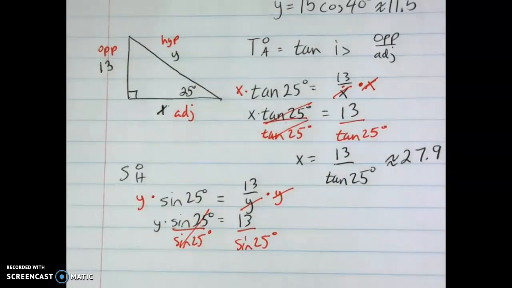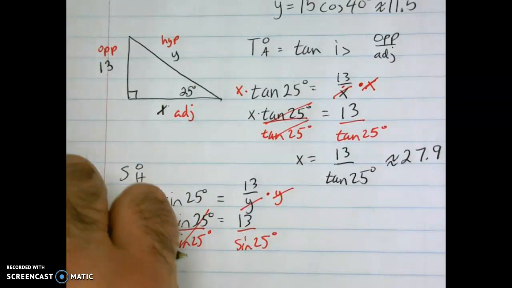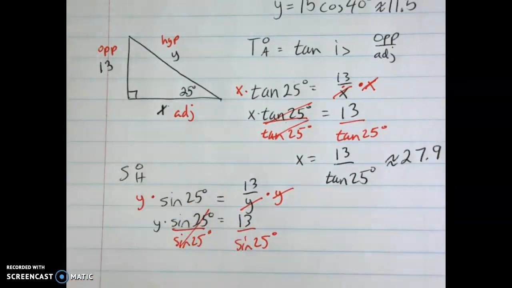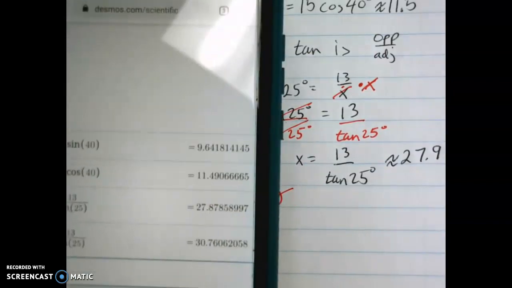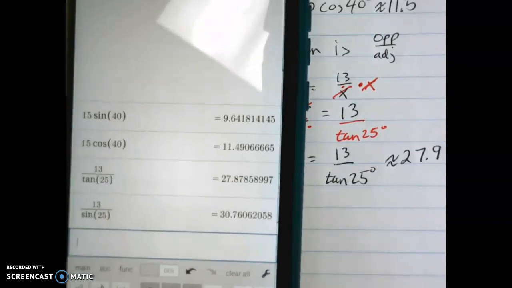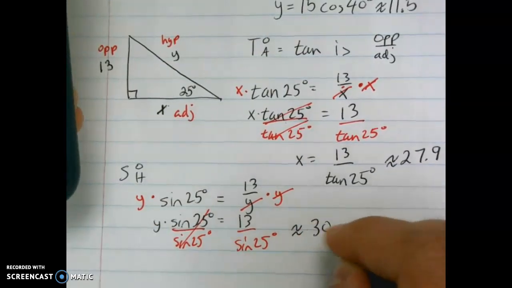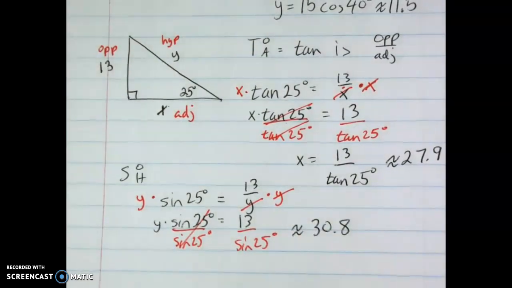And I end up with my final answer, which is y is equal to 13 divided by sine 25. 13 divided by sine 25 is 30.76. So we'll round that to 30.8. Okay?